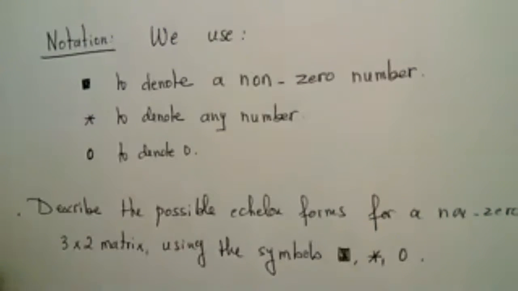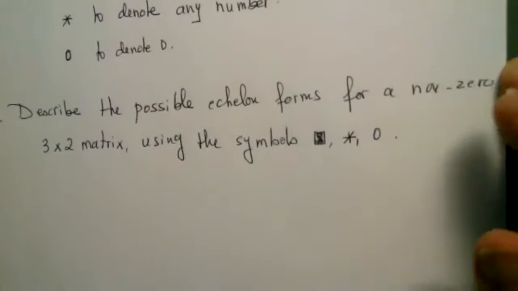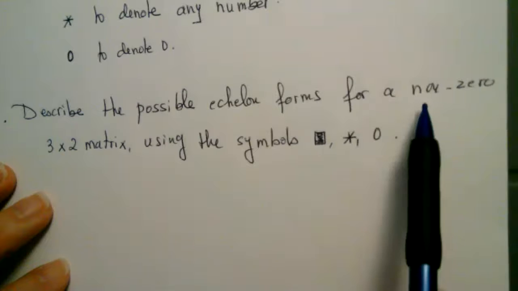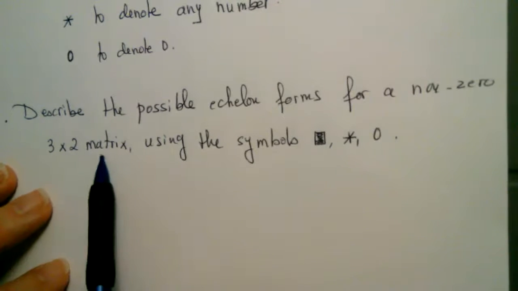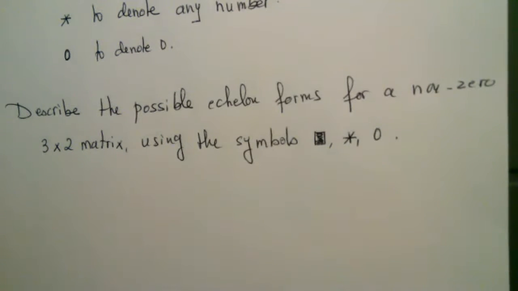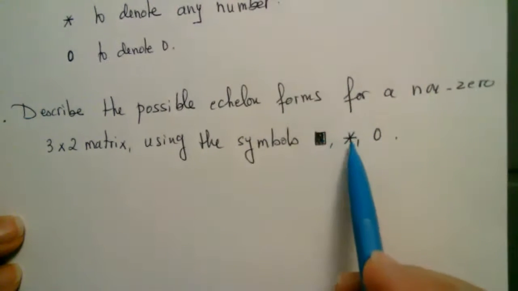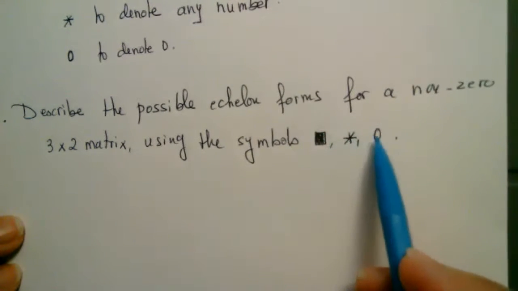So now my question, which is basically the question in the book, is the following. Describe the possible echelon forms for a non-zero 3x2 matrix. It doesn't have to be augmented. It's just a 3x2 matrix using the symbols full box, star, and 0.